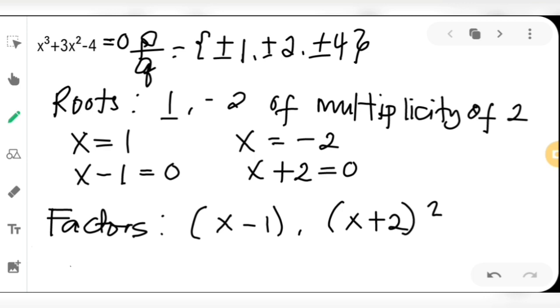Okay, let us proceed to the next example. So we have x raised to 4 minus 4x cubed minus 7x squared plus 22x plus 24. So let us identify the possible rational roots.